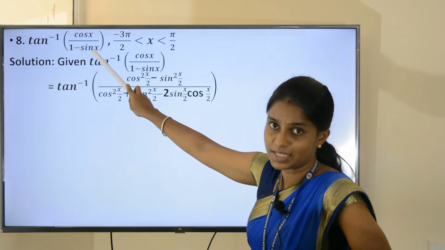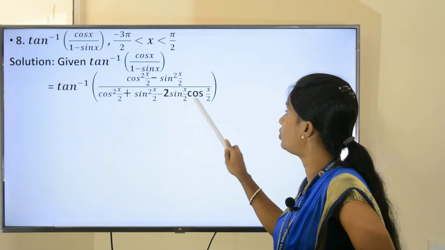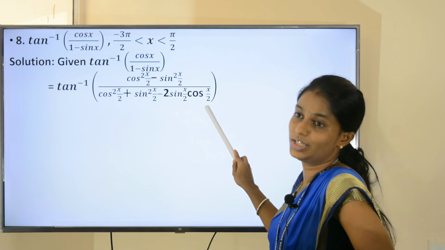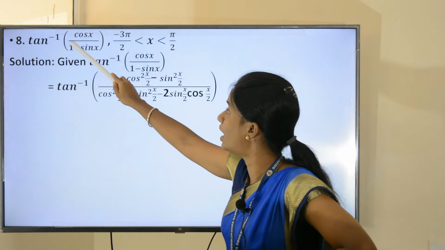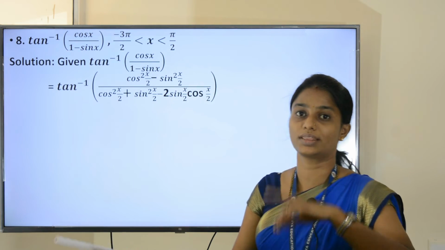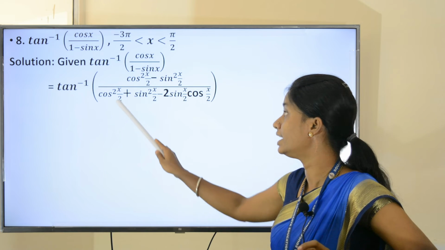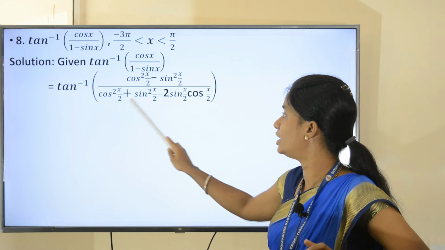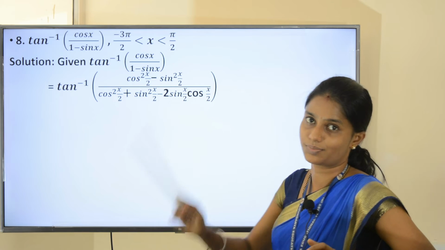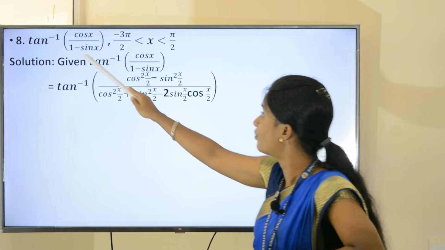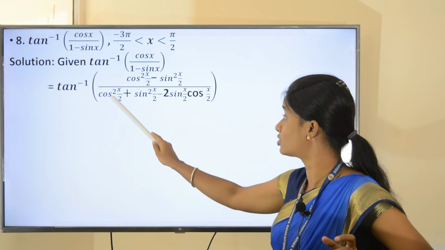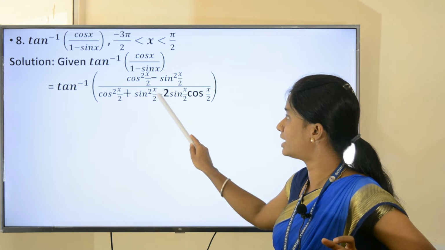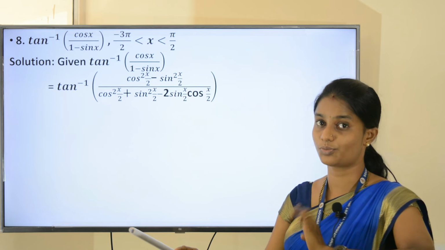Sin x can be replaced with 2 sin x by 2 into cos x by 2. Then 1 minus will be remaining, students. That 1 also we have to replace with the trigonometric identity, that is cos square x by 2 plus sin square x by 2.